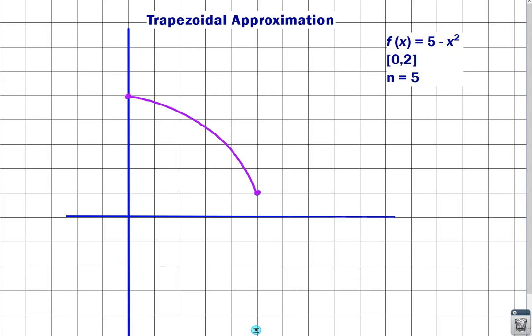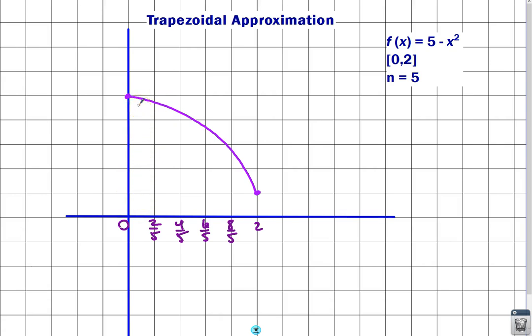So here, let me sketch it for you. So again, you're going to have 0, 2/5, 4/5, 6/5, 8/5. I almost wrote 10/5. 2. That is terrible, 2. Here we go. Okay. So before we did a rectangle either going from the right-hand side, the left-hand side, or even in between.